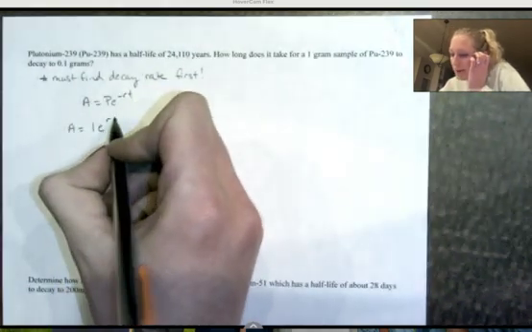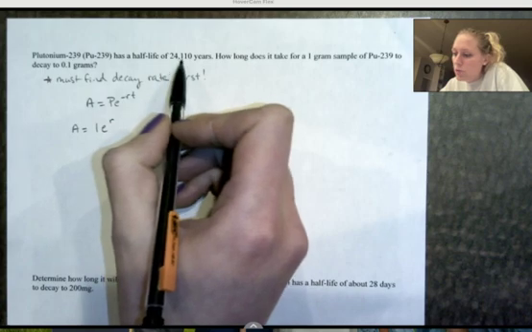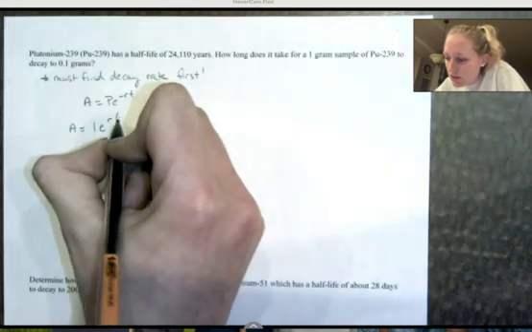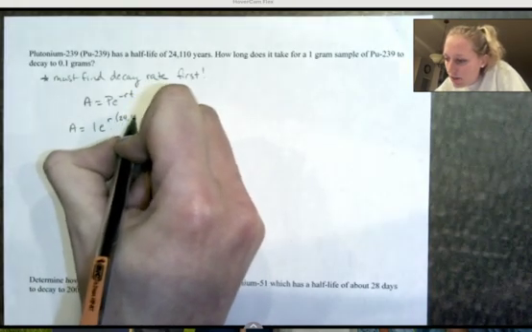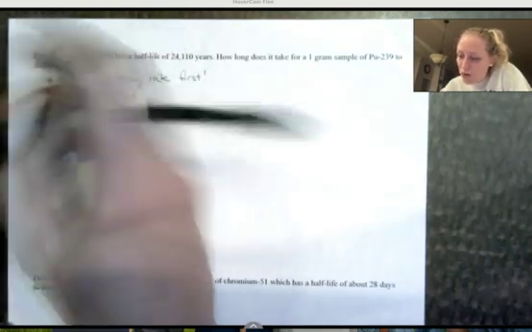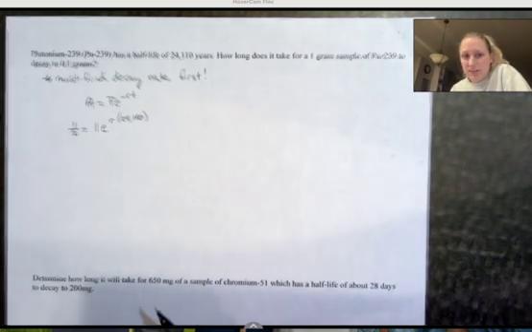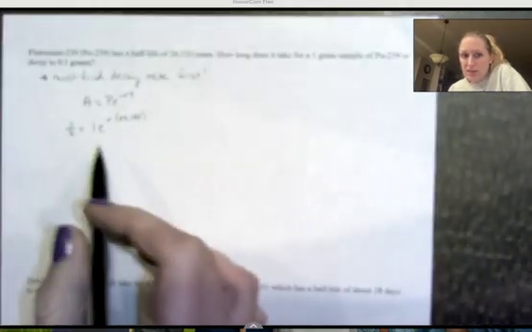So time, well, it took 24,110 years. And then how much was left after that? Well, half the amount. So if I started with 1 gram, a half would be left after that time. So now I'm trying to get E by itself.